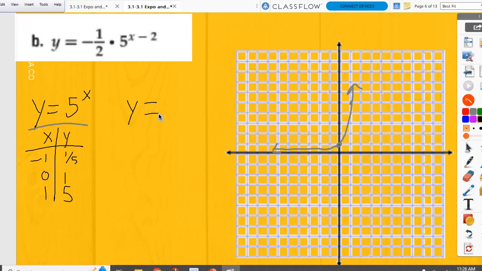What does that negative 1/2 do? Either compresses or stretches it. Correct? And if it's smaller than 1, that means it's going to... No, that's the negative part. The negative, yes, we'll flip it across my x-axis. But since it's a 1/2, is that going to stretch or compress it?